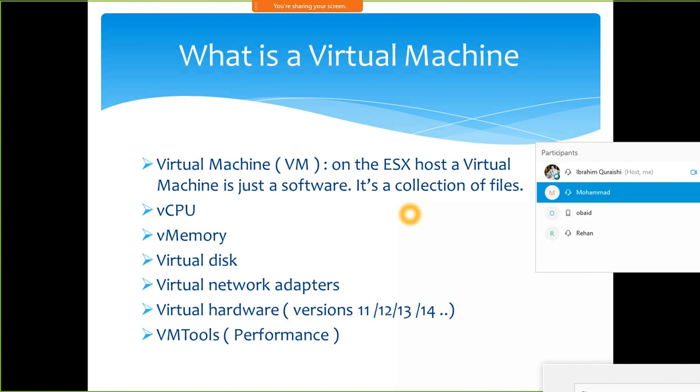So in VMware, that is all covered under something called VMware tools. That's also very important to understand. And we have a session later on where we will cover what are VMware tools, what are the benefits around it, and what are the advantages of having up-to-date tools and everything.